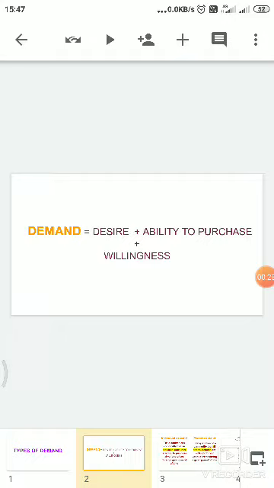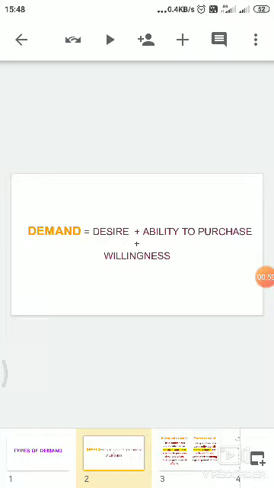That's called demand. So, demand means the quantities of a commodity which consumers are willing and able to purchase at various possible prices during a particular period of time. So, this is demand. Now, we come to types of demand.